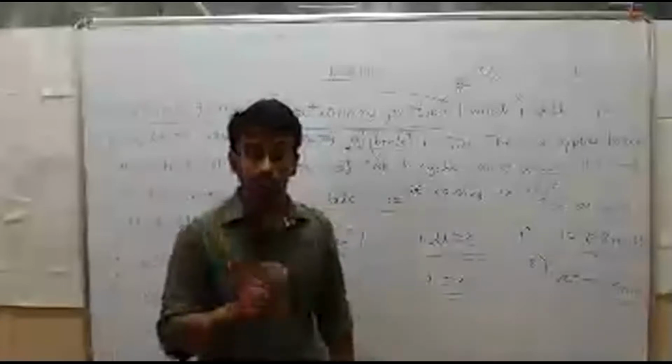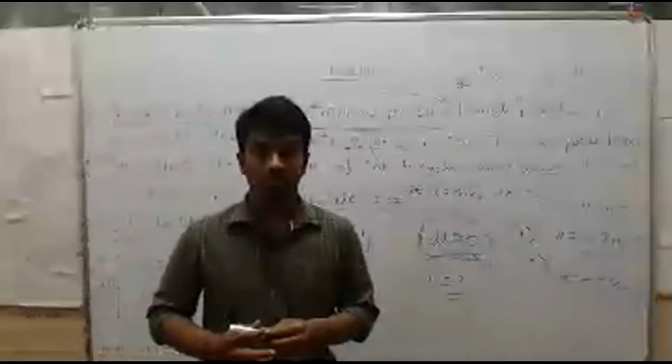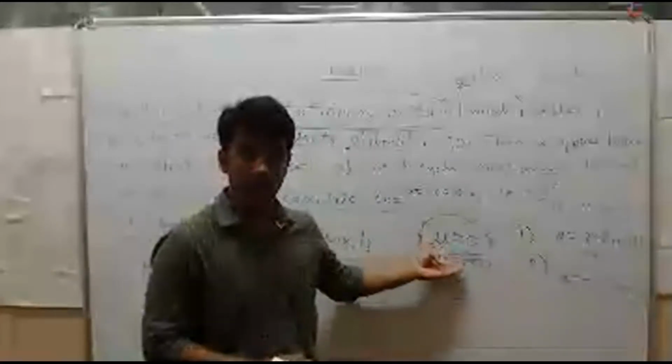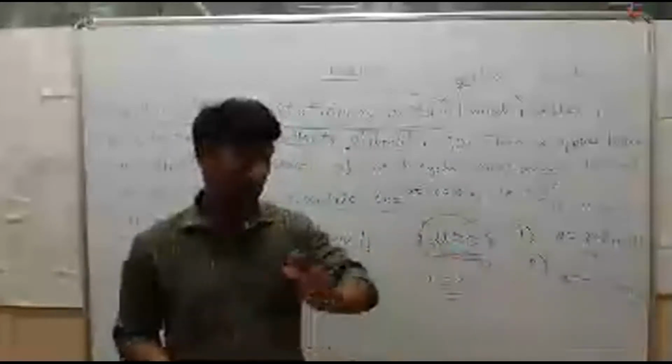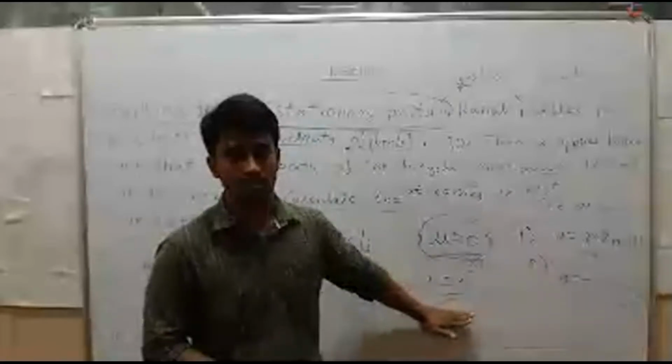You should know when we should take initial velocity equal to 0 and final velocity equal to 0. If an object starts from rest, then you should take initial velocity equal to 0. If an object comes to rest, at that time you should take final velocity equal to 0. Okay.